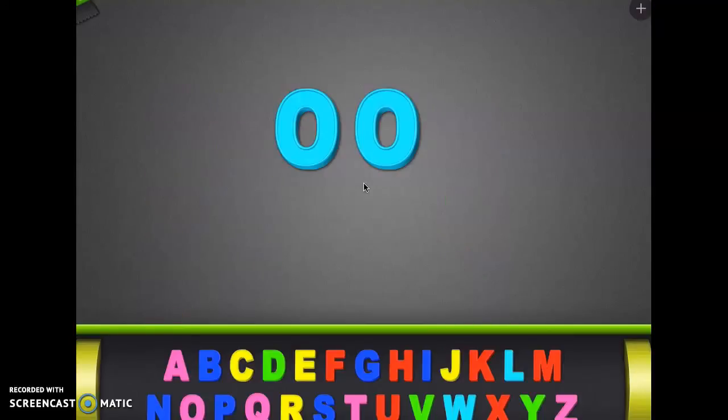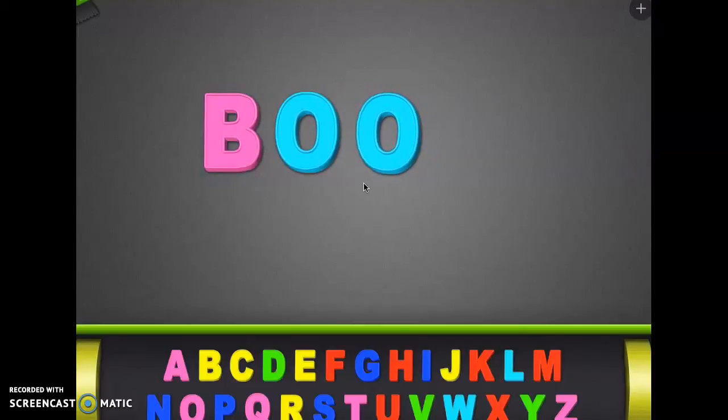Now, I don't know about you, but I'm super glad about this next word, boot, because I am so happy that we do not have to wear our winter boots anymore. B, b, b. We know that that's a B. Oh, that says boo. Boot. And there we have boot. B-O-O-T. But you just don't want to wear one boot.